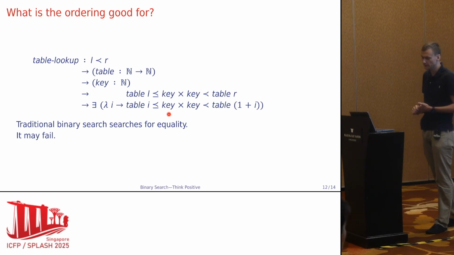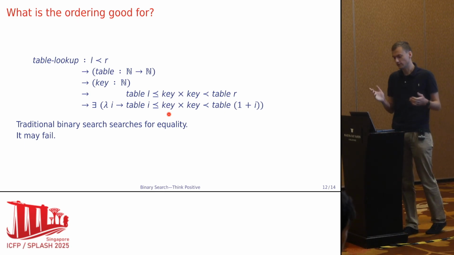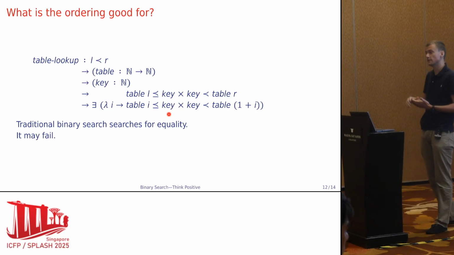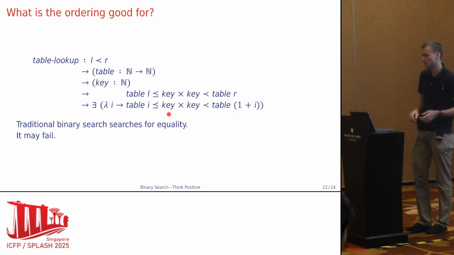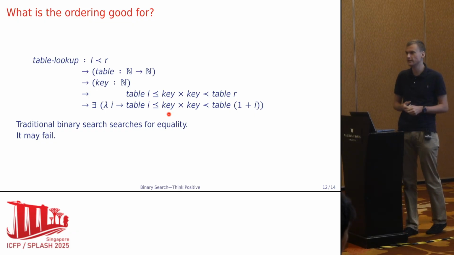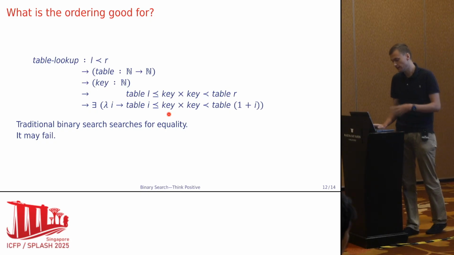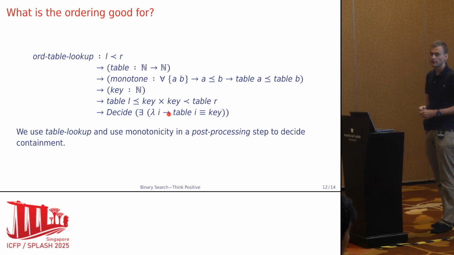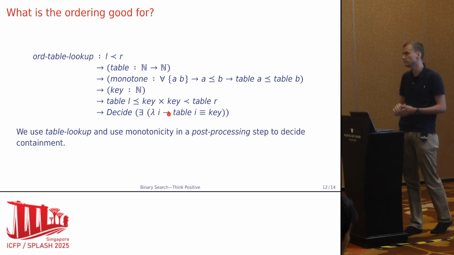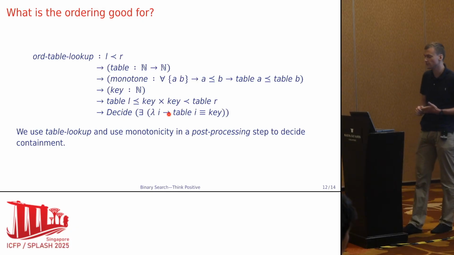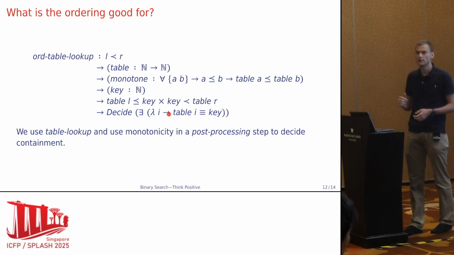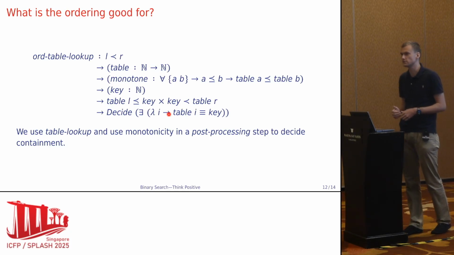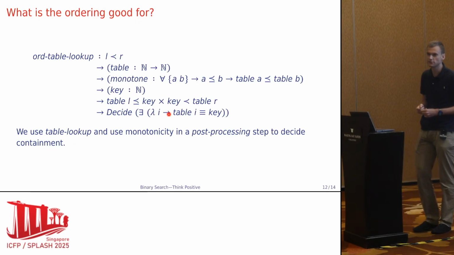If it's really an equality proof, then we are already done, so table(I) is really equal to key. And if table(I) is strictly less than key, in this case we use monotonicity to rule out that there is anywhere an index I such that table(I) is equal to key. So monotonicity is actually only used in a post-processing step. It's not really used for binary search.